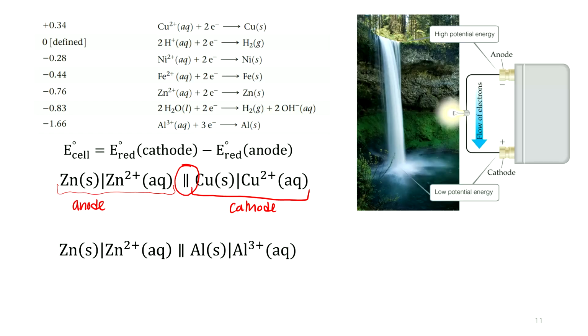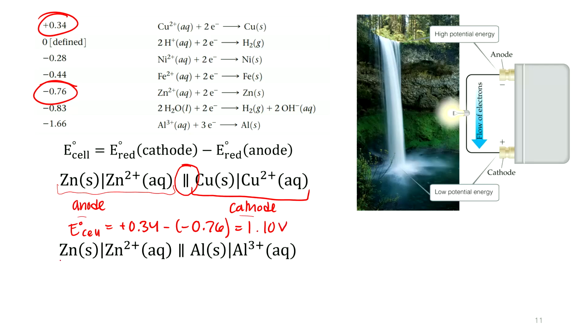So a zinc and zinc 2+ half cell is partnered with a copper 2+ half cell. I just wanted you to be familiar with that. And I know these assignments not only because we've already done this example so many times, but because that's the only way to combine these two numbers to get a positive value. If I had flipped them, I would have gotten a negative value. So there's our 1.10 volts.